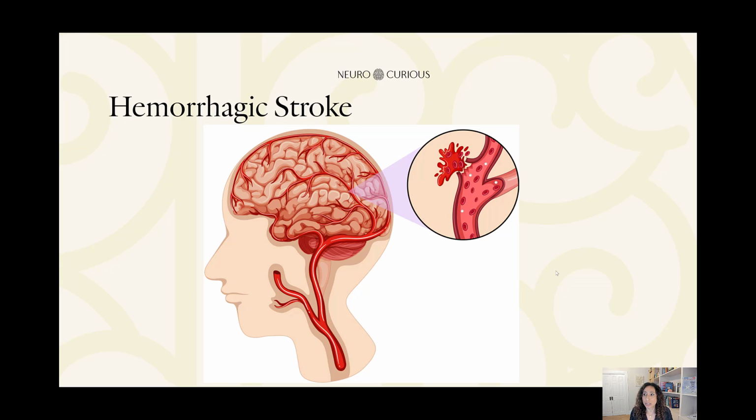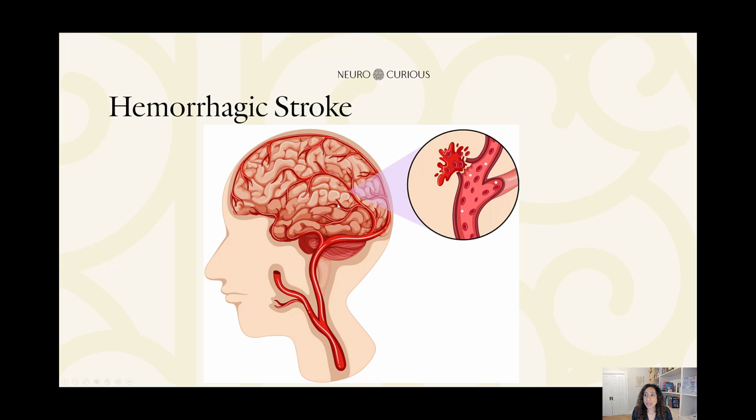A hemorrhagic stroke occurs when a blood vessel of the brain ruptures. Rupture is a fancy word for burst or tear. Let's say this artery right here, and they gave us a zoom in, tears.